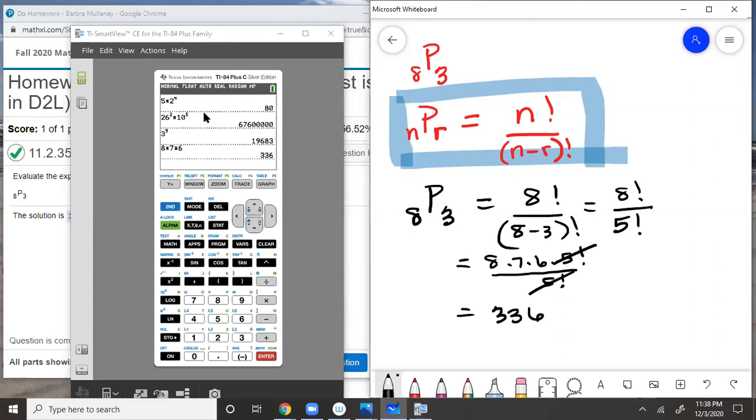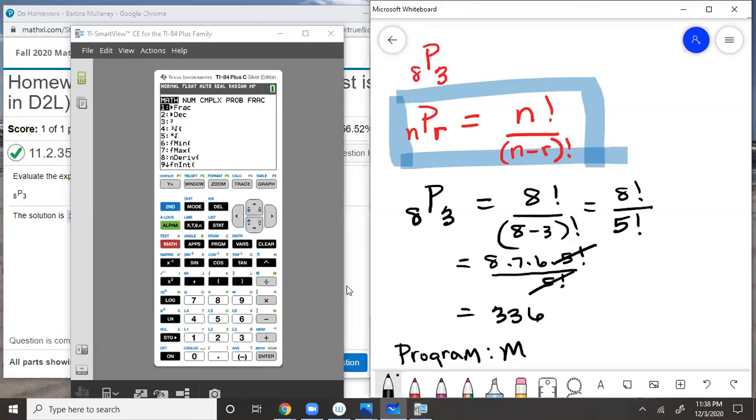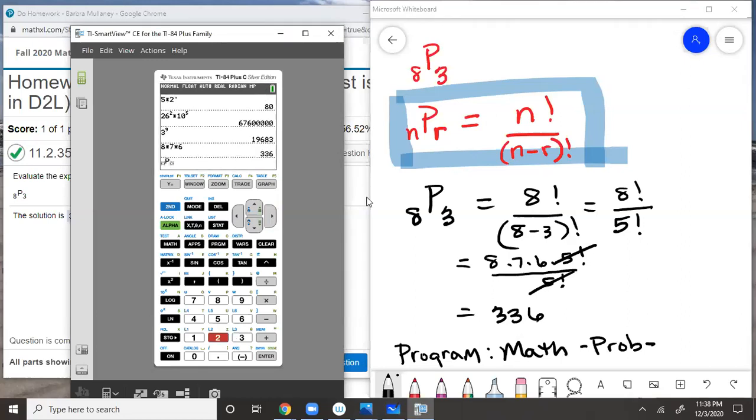Okay, now we have a calculator program. All right, so to use the program, we're going to the math key, and then we're going to arrow over to probability, and then we're going to press number 2, which gives you the nPr function.